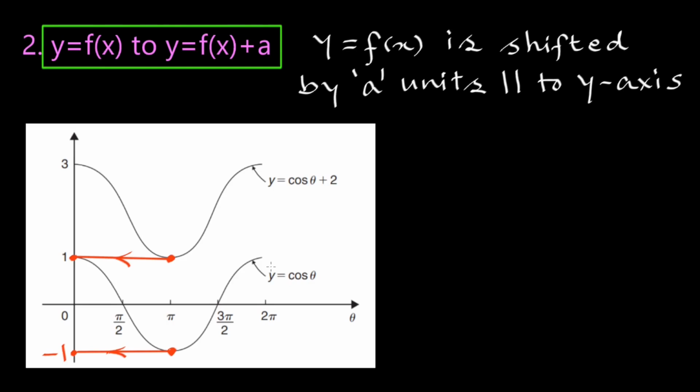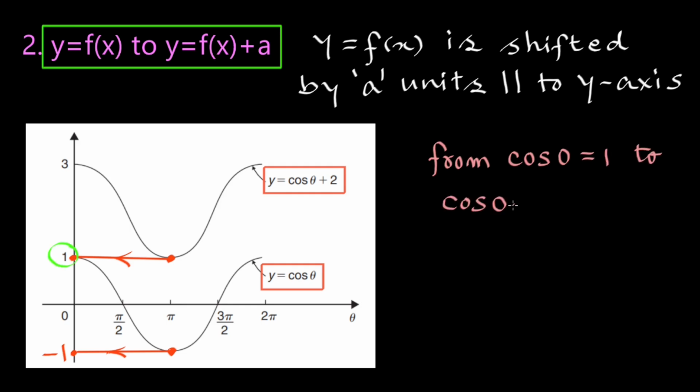Simple transformation of the curve y equals cos theta to y equals cos theta plus 2 can be obtained from cos 0 equals 1 to cos 0 plus 2, 1 plus 2, that is 3, shifting parallel to the y-axis.